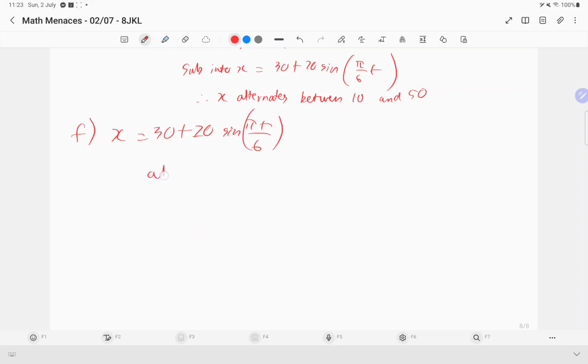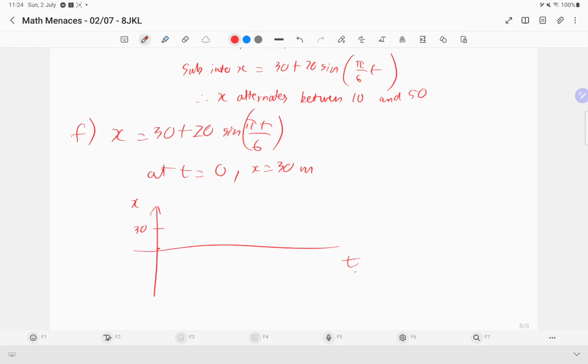And then at t equals 0, sine 0 is 0, so x would be 30 meters. Does it make sense? And remember, it's a sine function, so it will start from 30.